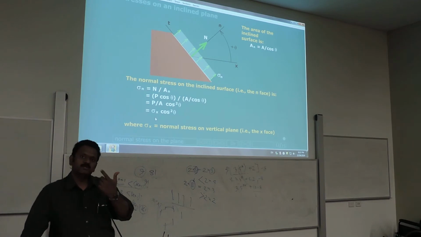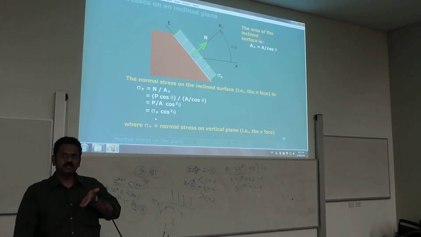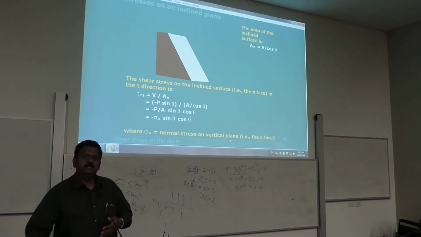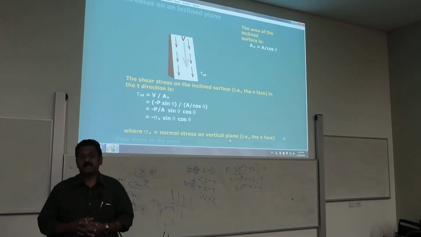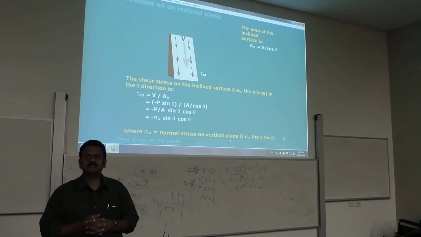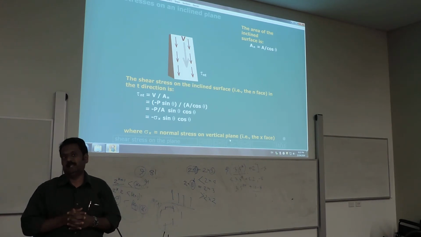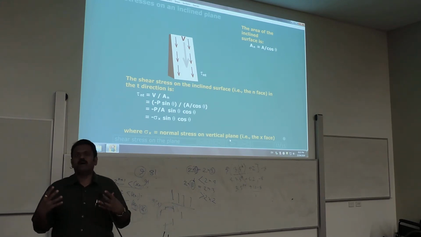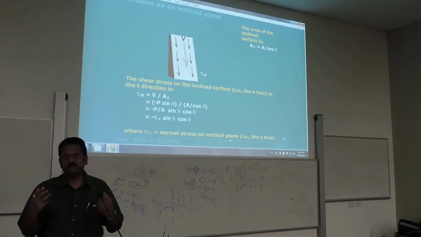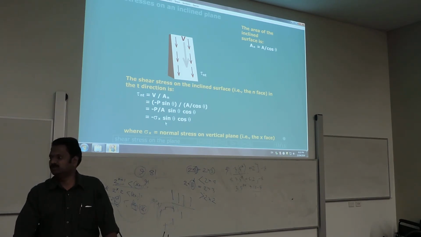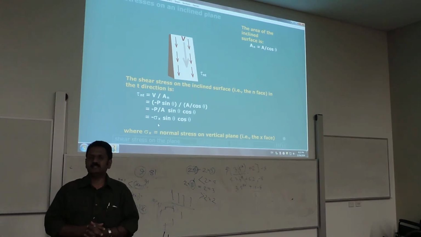That is the value of the new stress acting perpendicular to that new arbitrary plane that we have taken. In a similar vein, the force acting tangential, because it is along the surface, we term as the shear force, and hence there is a corresponding shear stress acting along that surface. The value of that shear stress is simply the shear force divided by the cross section upon which it's acting. That boils down to minus sigma sine theta cos theta.